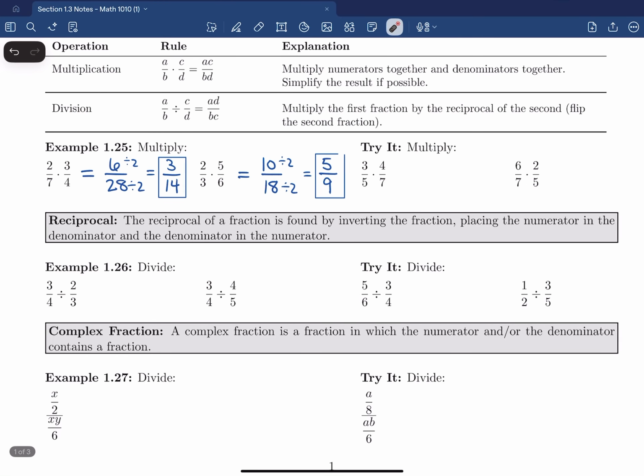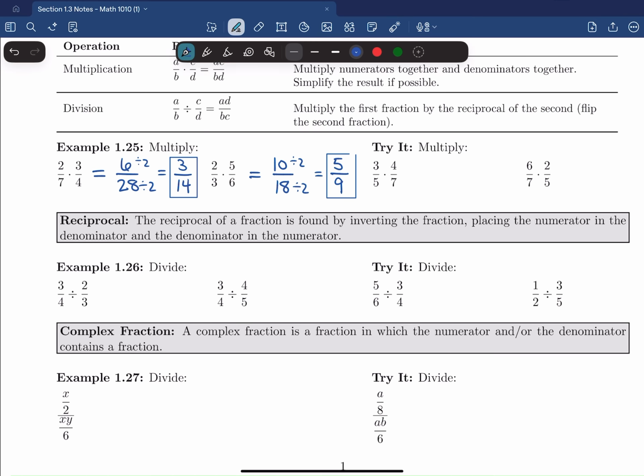So we flipped it. Really quick, if I had a fraction like 2/3, what is the reciprocal of 2/3? Well, it's 3/2, because the denominator went to the numerator and the numerator went to the denominator. So the reciprocal of 2/3 is 3/2.